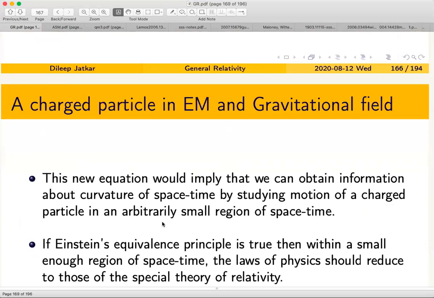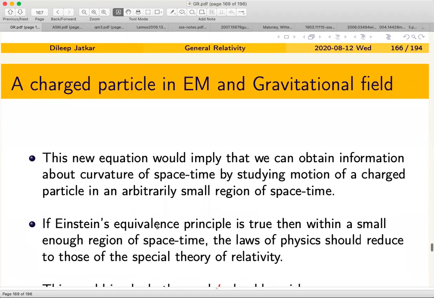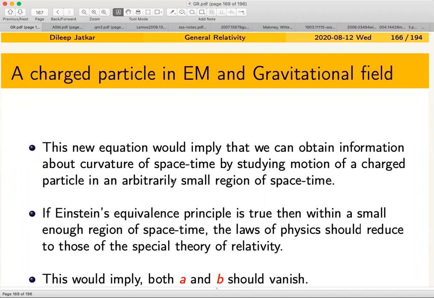So this new equation that we have written down, which involves the Ricci scalar and Ricci tensor, would imply that we can in fact obtain information about the curvature of space-time by simply studying the motion of a charged particle in a sufficiently small space-time region. If that is the case, then this is clearly in contradiction with Einstein's equivalence principle, because Einstein's equivalence principle says that in a sufficiently small region, the laws of physics in curved space should just reduce to those of special relativity.